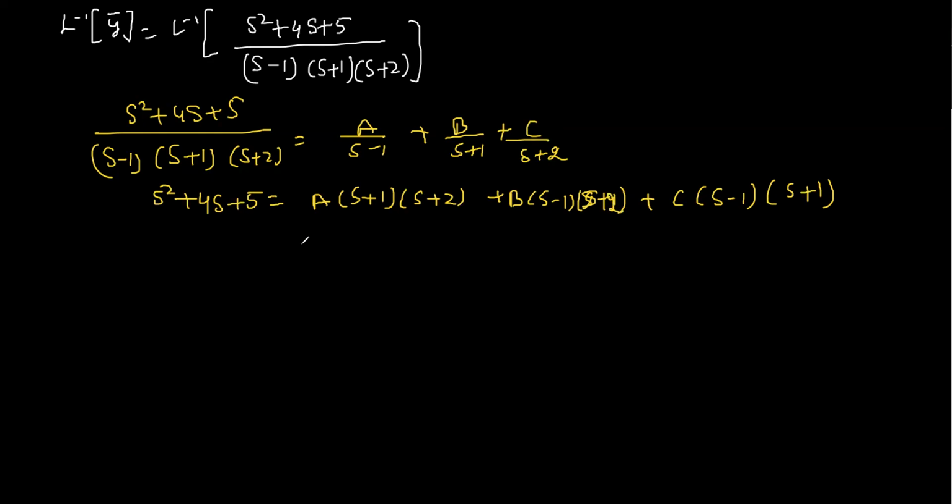Right? Put s is equal to minus 1. When you put s is equal to minus 1, you will get 1 minus 4 plus 5. This is 0. Minus 1 minus 1, minus 2, and 1, 0.